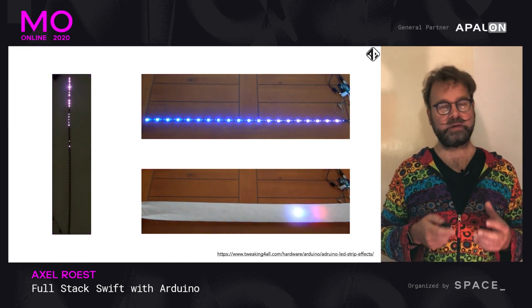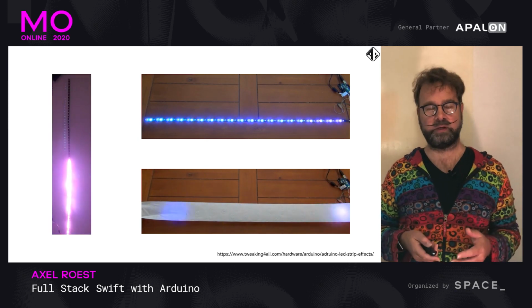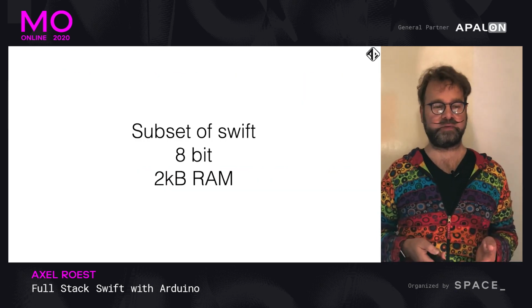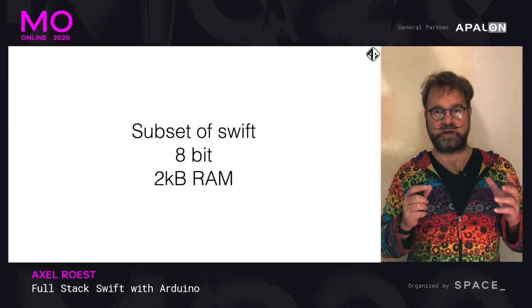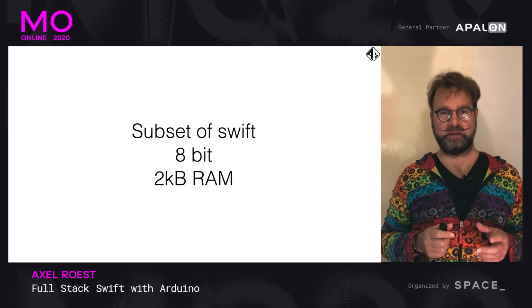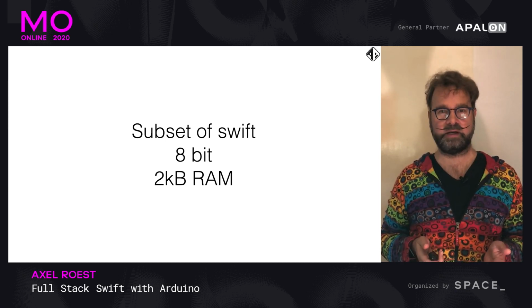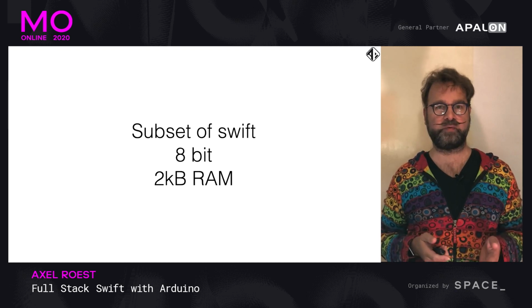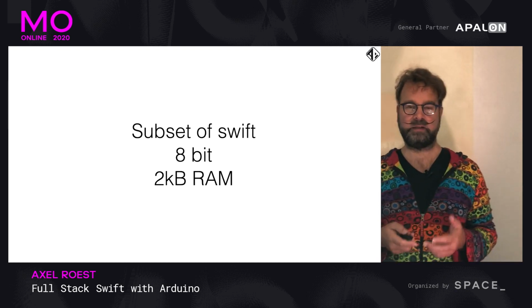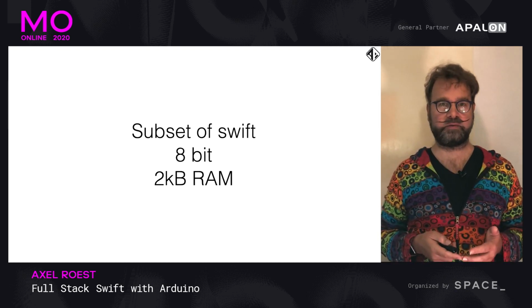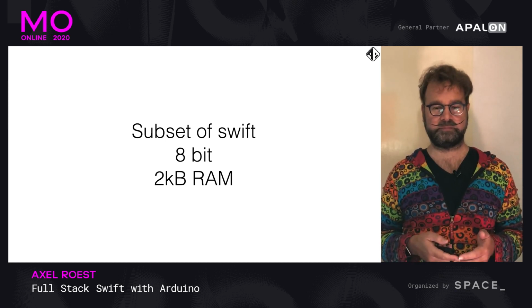So there is a problem with Swift for Arduino, and that basically has to do with the fact that it is a very small processor. The processor is 8-bit and only contains 2 kilobytes of memory. And that's like 1,000,000 times less powerful than your standard iPhone.